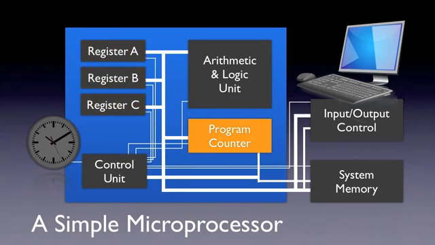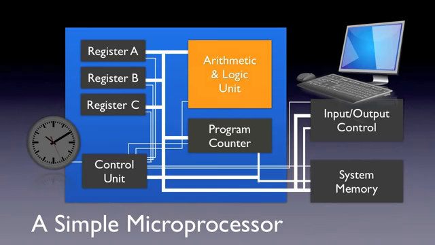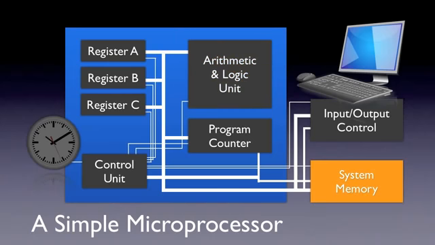The program counter is responsible for keeping track of what step in the running program the processor is at. The arithmetic logic unit, which is responsible for doing math on and making comparisons between numbers. The adder circuit we saw earlier lives here. The system memory is where programs and data are stored while the computer is turned on.